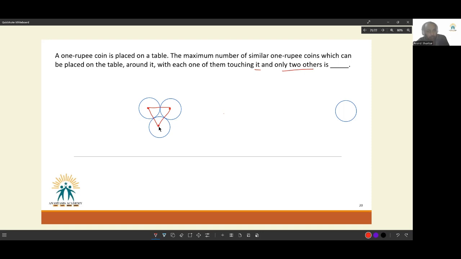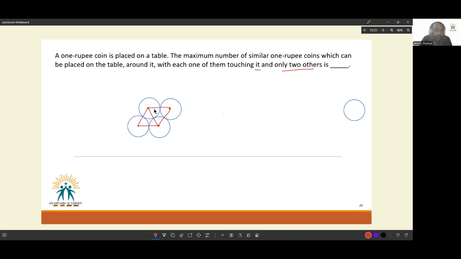Now, if I want to introduce a new coin into the mix, again a new such shape will get formed. Let me also create this. I will take it to the side. Can you see another equilateral triangle will get formed?